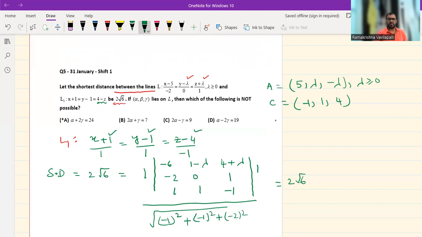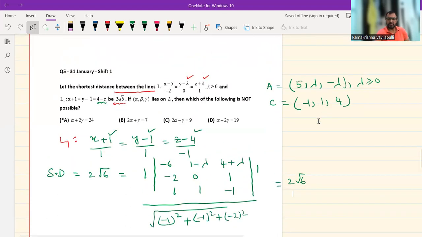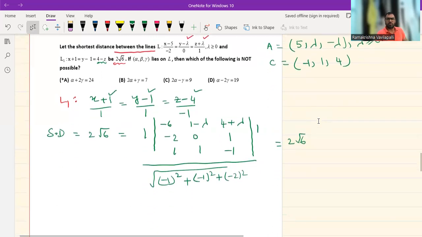So this is same as a previous question. They have asked that sum of square of all possible values of lambda, or maybe square of sum of all possible values of lambda. So here, so now what is the value of lambda?